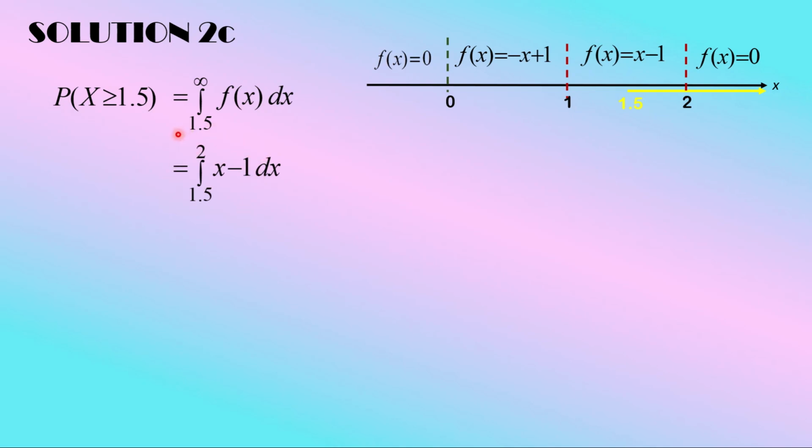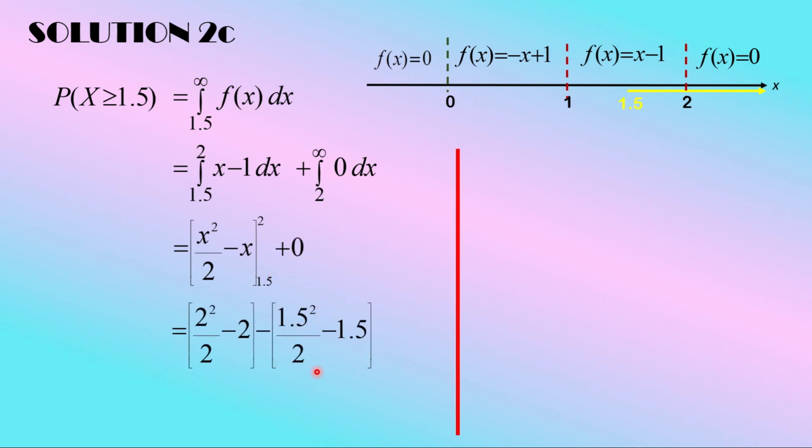First, integrate function x minus 1 from 1.5 to 2, plus integrate function 0 in the interval 2 to infinity. And this is the answer after integrating. Substitute the limit and solve for the probability. So the answer should be 3 over 8.